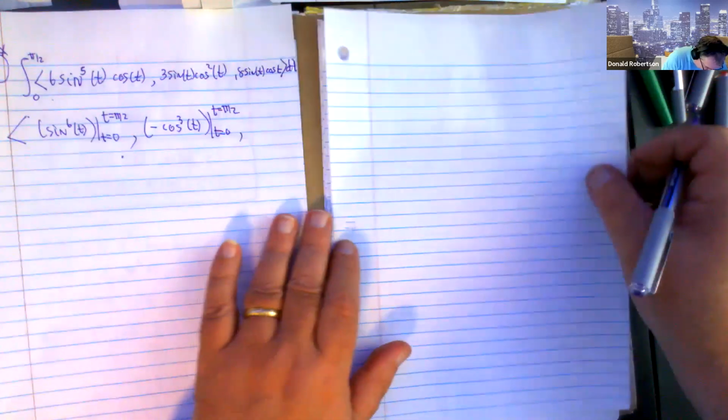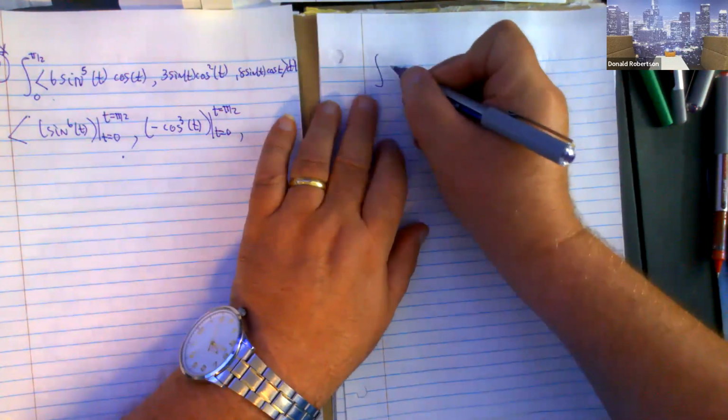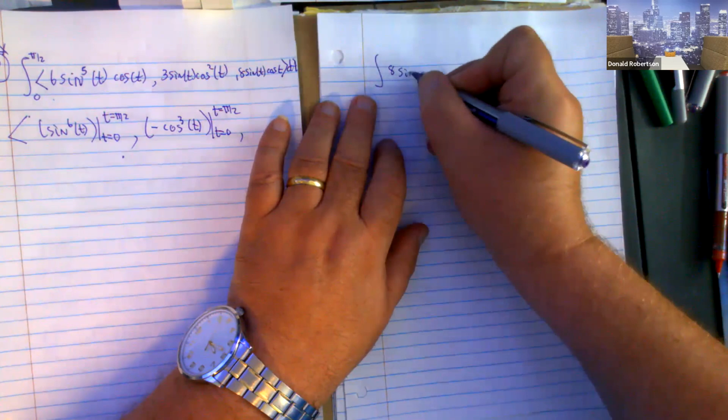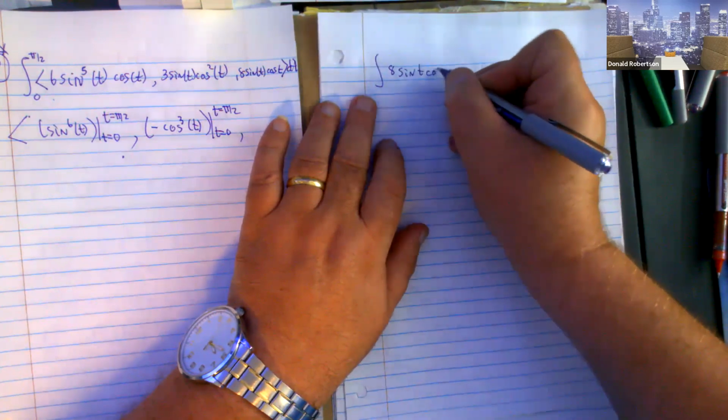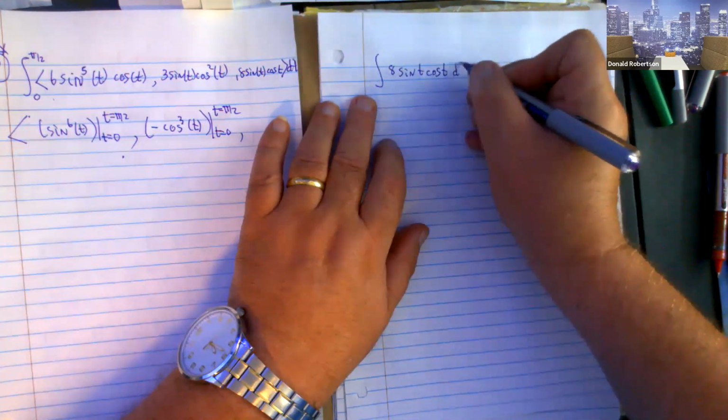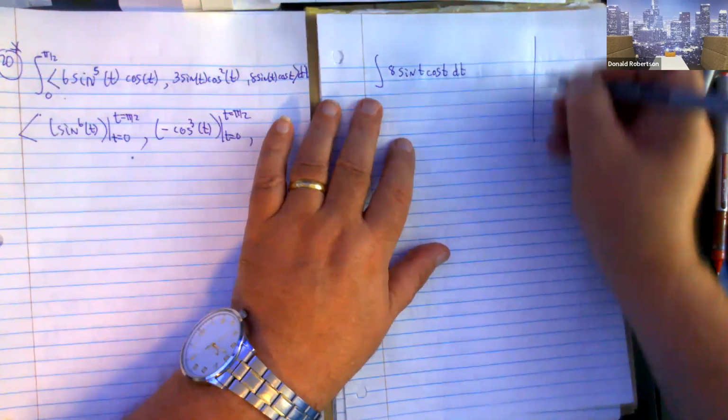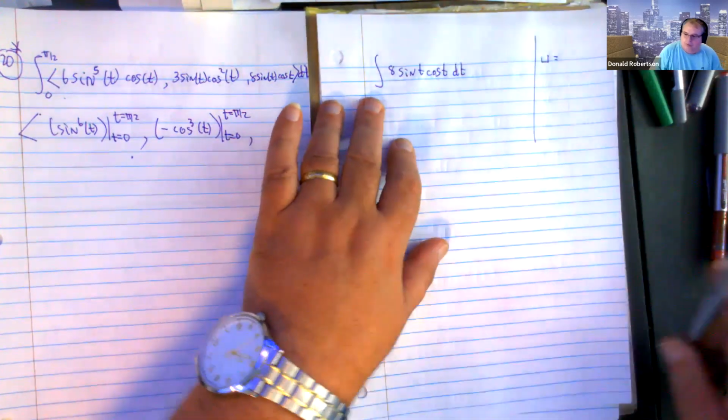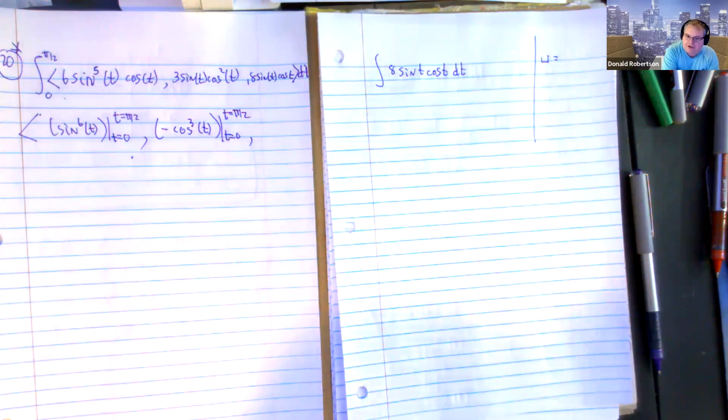And the last one is 8 sine t cosine t dt. Now my rule was, if you've got combinations of sines and cosines, pick the larger power as your u sub.